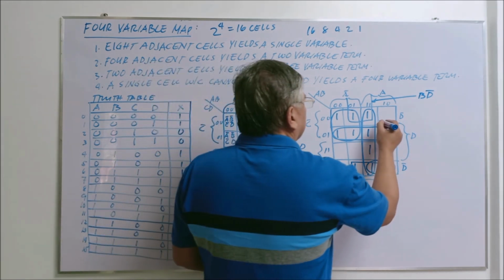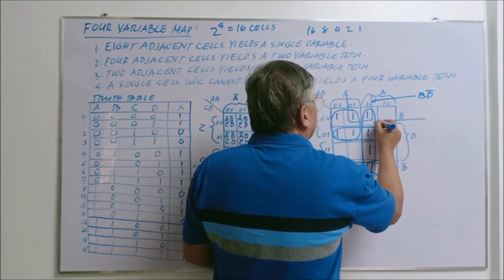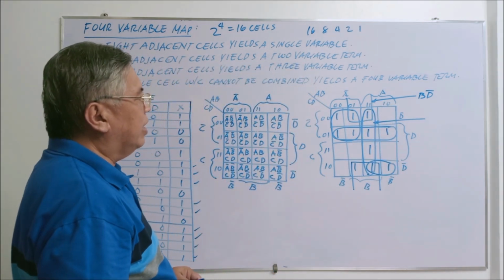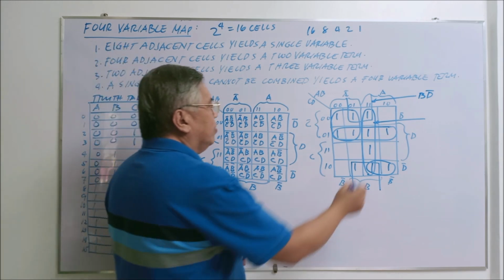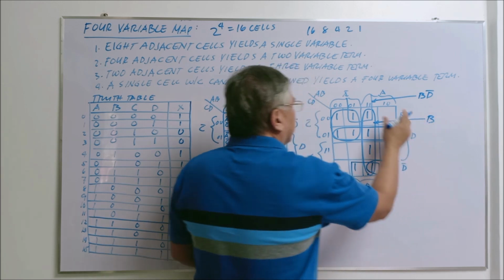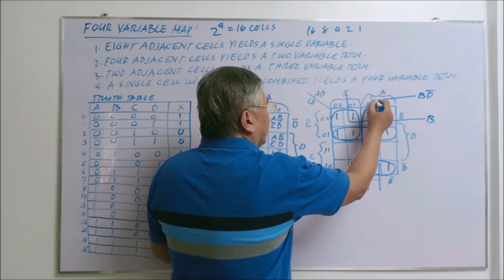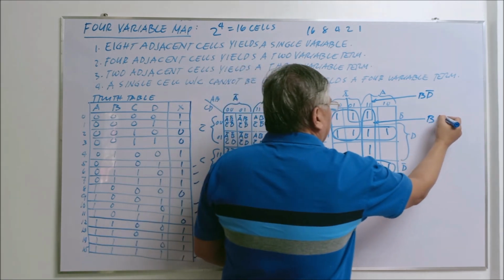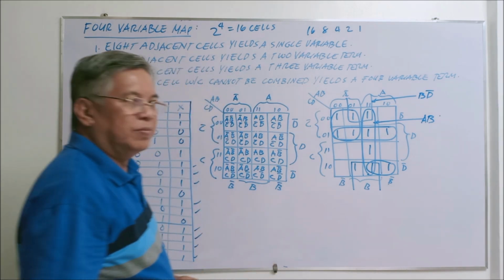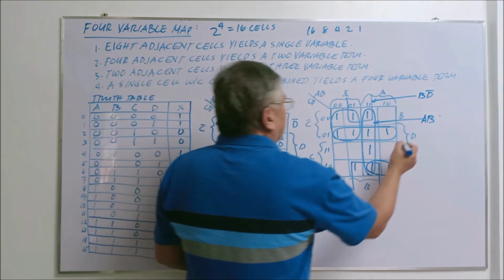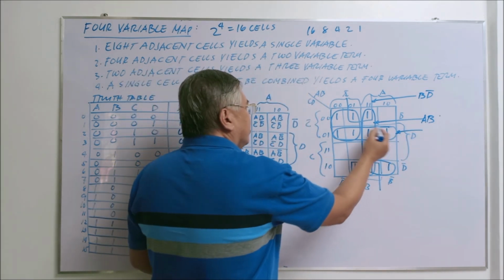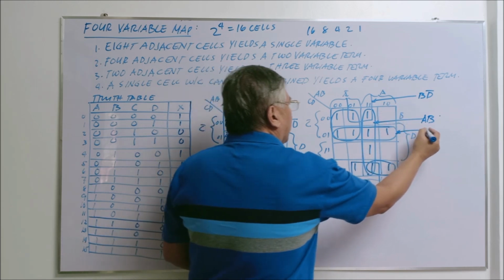How about this one? Okay, this line, 4 adjacent cells in line. So this belongs to, again, B, and then at the same time belongs to A. Okay, or you can say A, B. And then this one here, this line, this belongs to C bar.